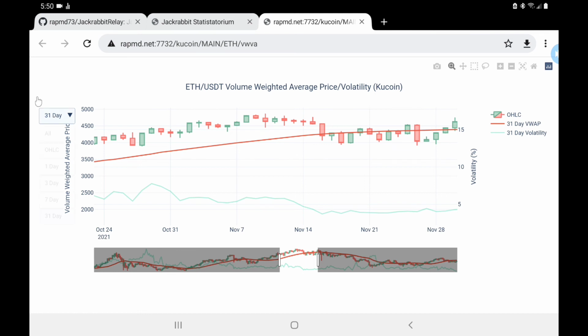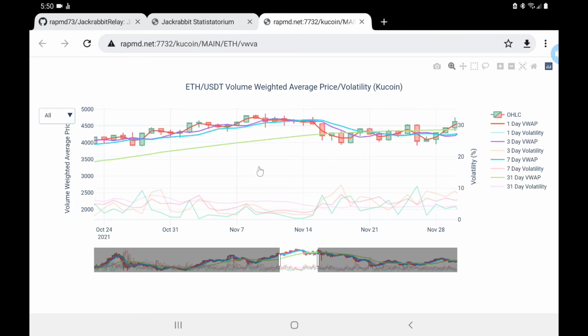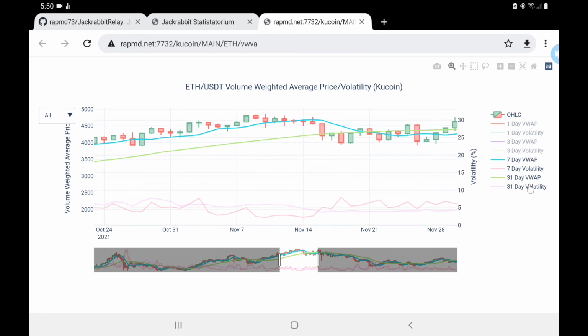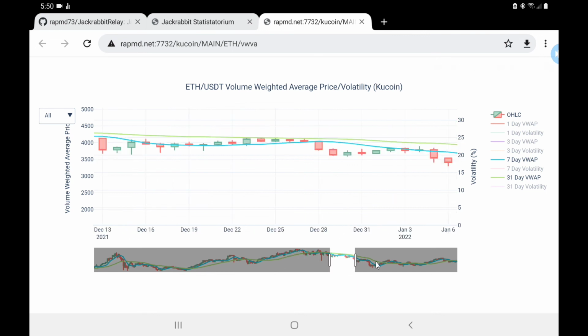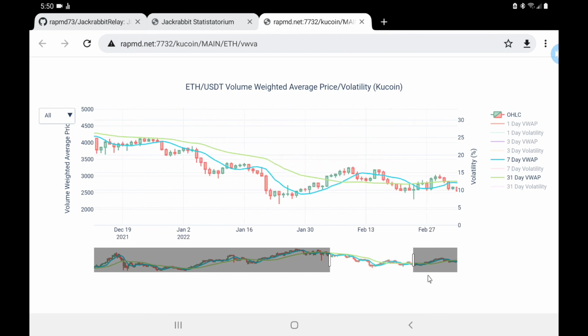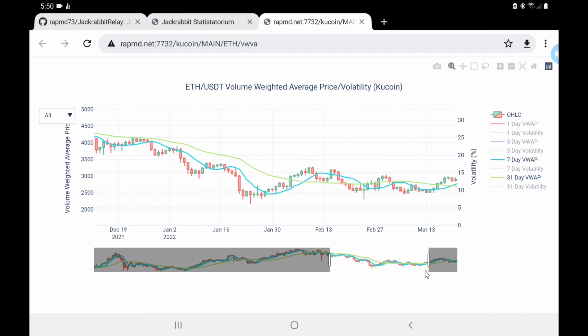But overall, I think it's realistic to really look at the 7-day and the 31-day crossovers. I think these make excellent points in terms of the true value of the market, and by examining this process, you begin to see just how much the market value is worth.